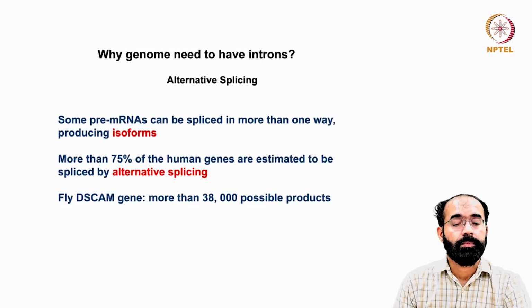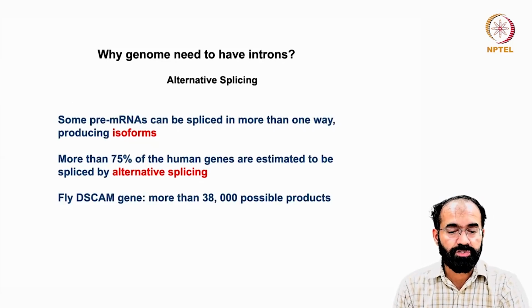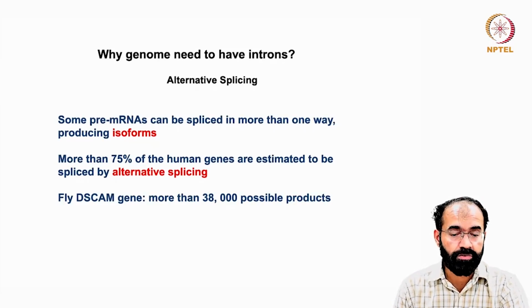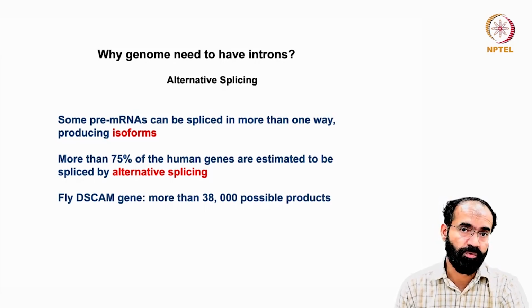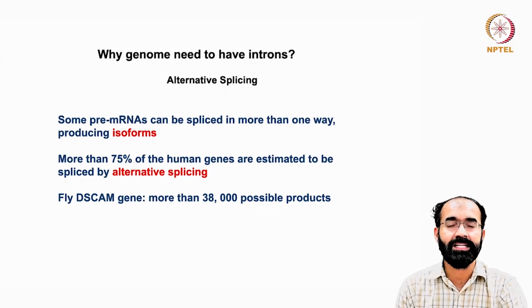And coming back again, continuing the same question, why do genomes need to have introns? One we already know causes alternative splicing, and another few examples include some pre-mRNAs that can be spliced in more than one way, and this produces isoforms. What are isoforms of a gene? Isoforms are basically the same gene but in different tissue.